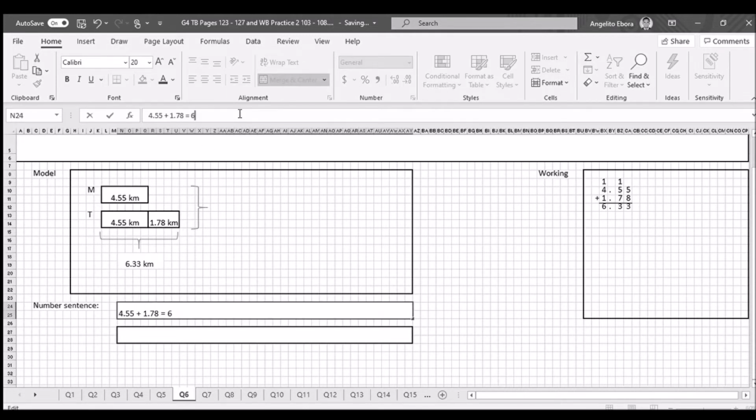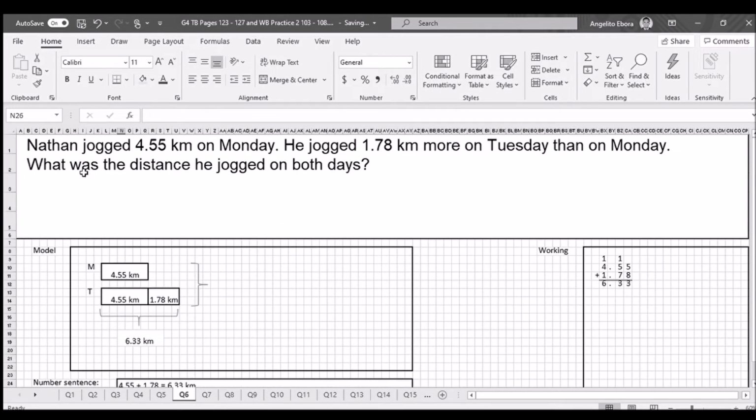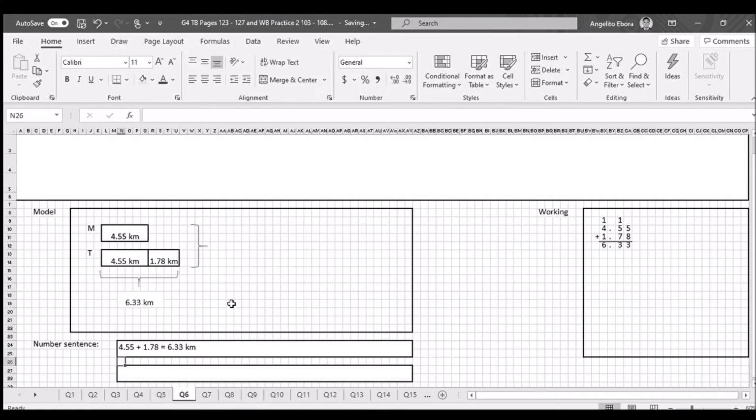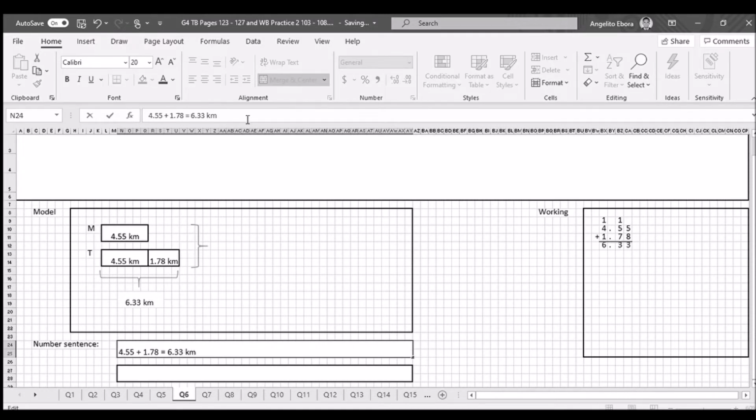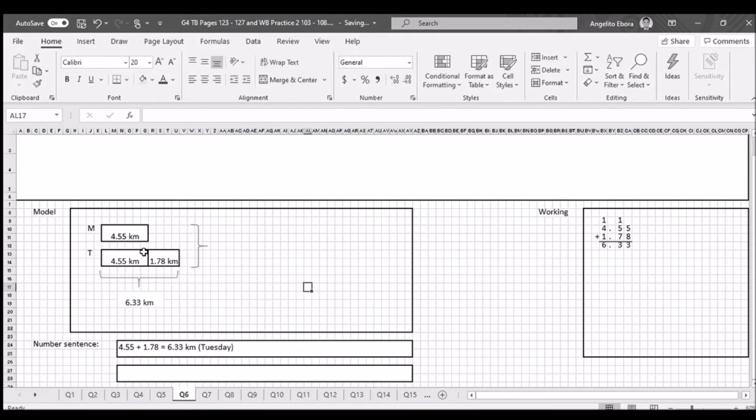Now it says, what was the distance he jogged on both days? So we have Monday and Tuesday. Okay. So we know that Monday is 4.55 and then Tuesday 6.33.